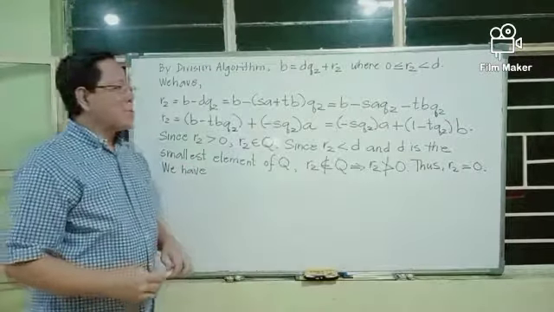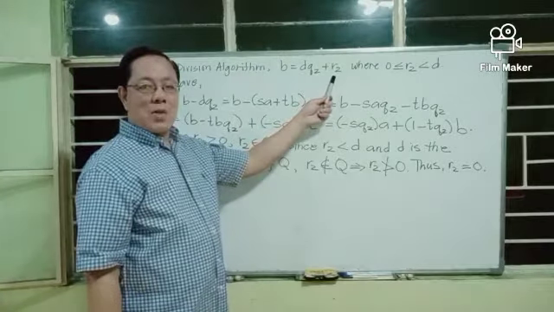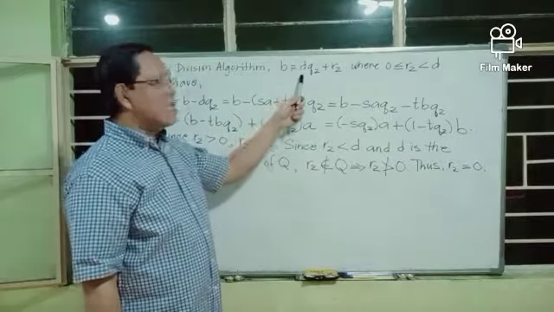And if R2 is equal to 0, replace R2 with 0. This equation simplifies to B equals BQ2.